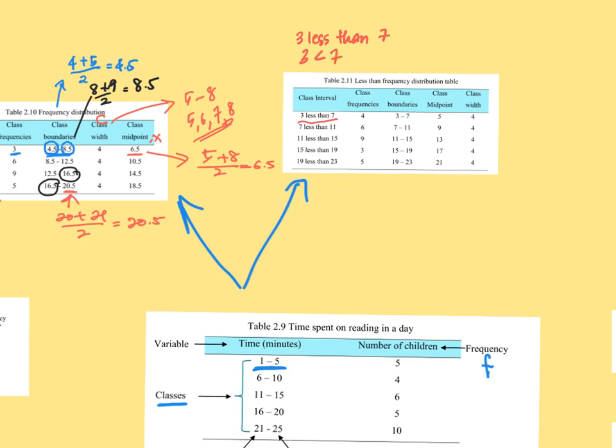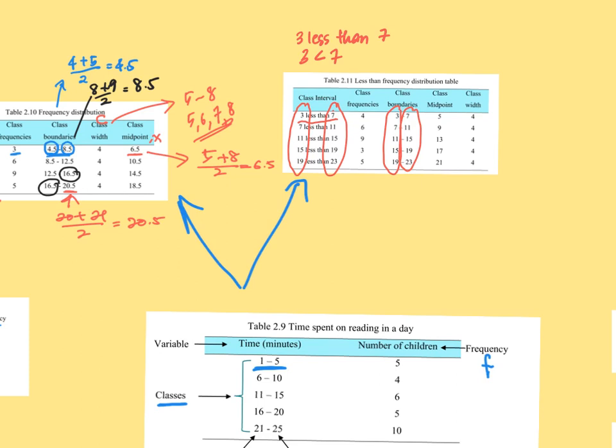So for the class frequency, this is usually given based on the question. And for the class boundaries, you don't have to calculate it. If you notice the pattern here, it is actually the same as your class boundaries. So you don't have to calculate for this kind of table.